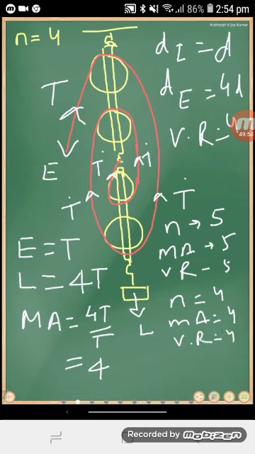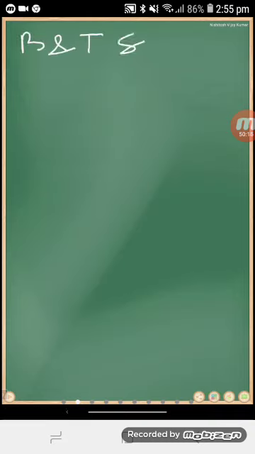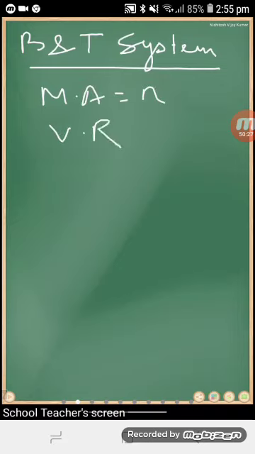So if we take the number of pulleys as n, mechanical advantage will be equal to n, velocity ratio will be equal to n. So which means that in case of block and tackle system, mechanical advantage is equal to n, velocity ratio is equal to n.